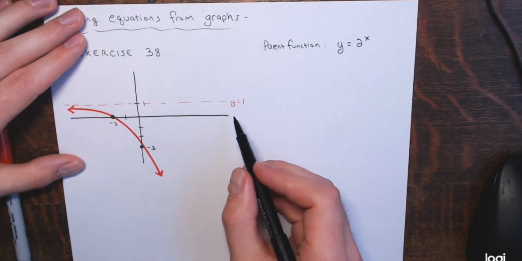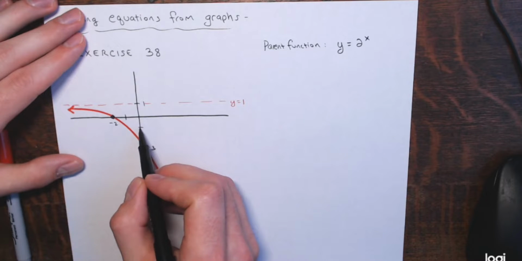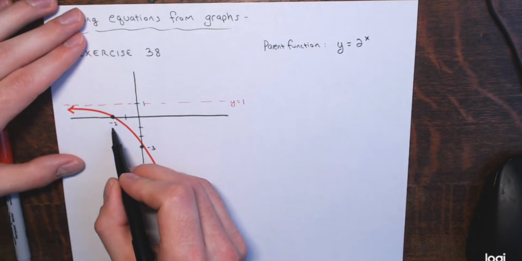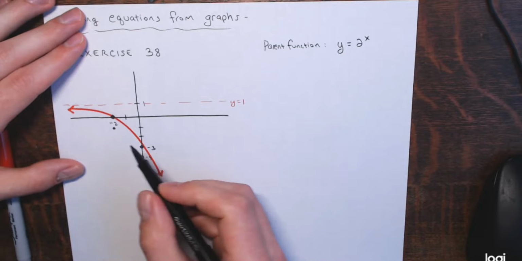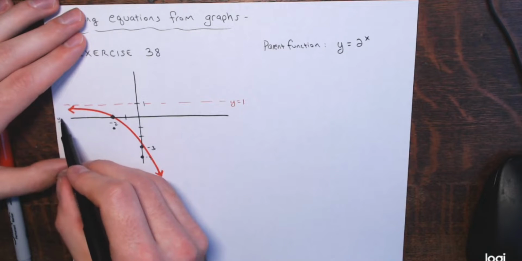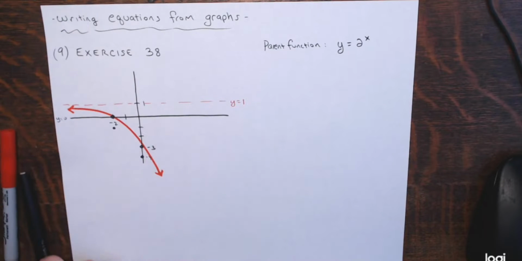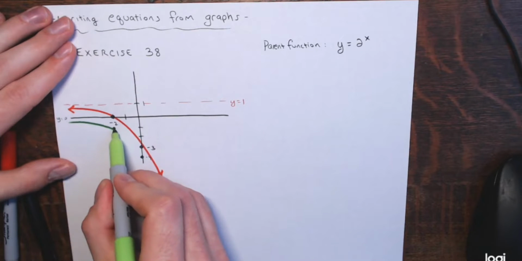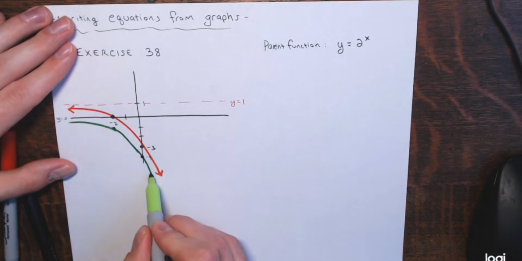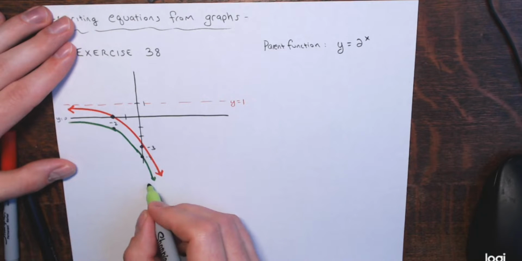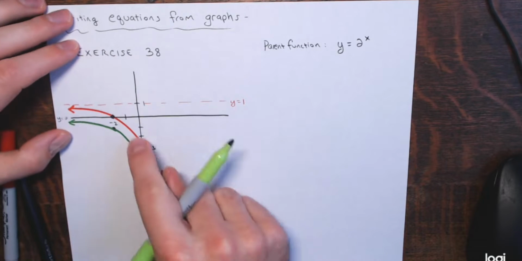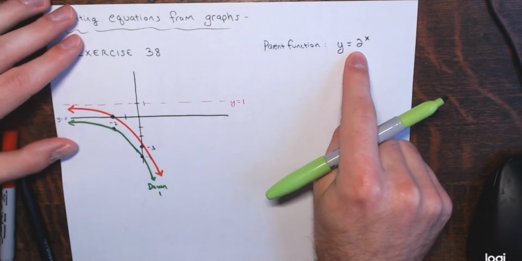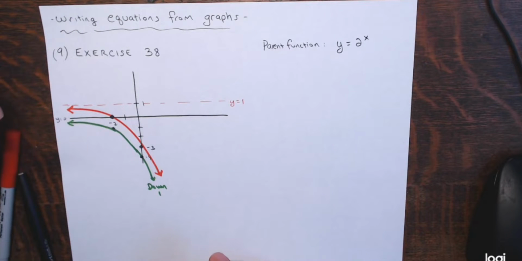So if I move all these points down 1, instead of negative 2, 0, it'll be negative 2, negative 1. This will be at 0, negative 4. And now the y equals 0 will be the asymptote. So the graph looks like this now. Same graph, just moved down 1. And we're just going to reverse all this when I'm finished, right? I'm going to go back until I look like the parent function, and then we'll reverse everything. I hope that makes sense.